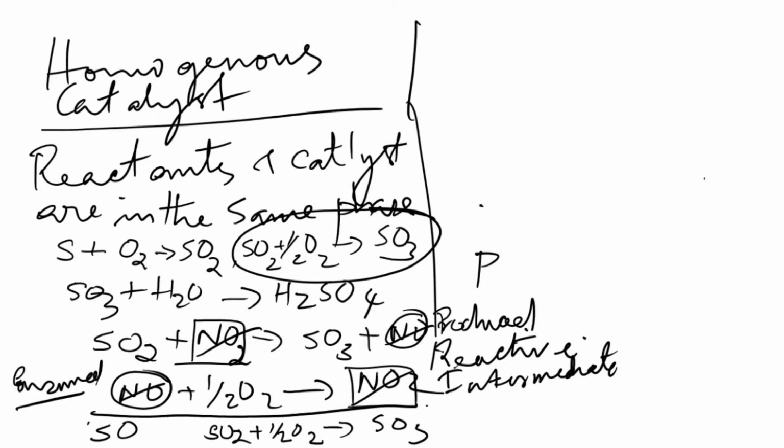Each of those steps is called an elementary step. Now in the elementary step, if a substance is produced in one step and then it gets consumed in the second step, then it is referred to as a reactive intermediate. And if you're adding a catalyst, it will show up in one of the first reactions as a reactant, and it will end up being a product in another step. Therefore, we can cancel out the reactant and product.